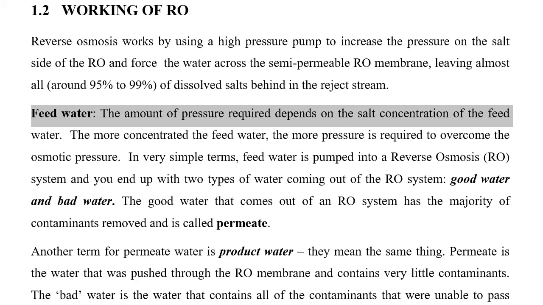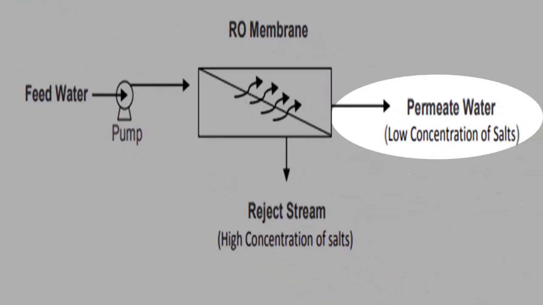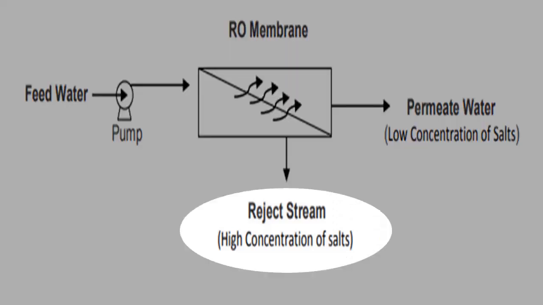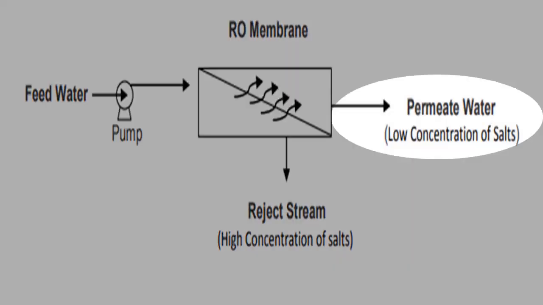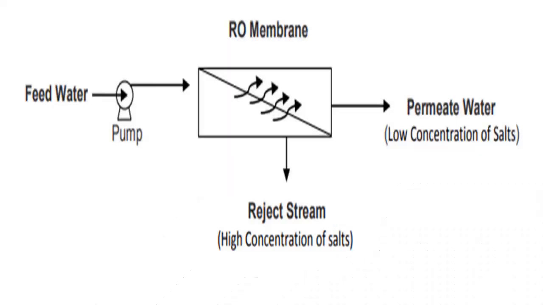So to generally understand how reverse osmosis works, we feed the raw water into the reverse osmosis machine. In this machine, after the water has been processed, we get two kinds of water. One is good water and the other is bad water. Good water is the water which we require for use, and the bad water is what we don't require. The bad water can either be discarded or reused by feeding it into the reverse osmosis system again.